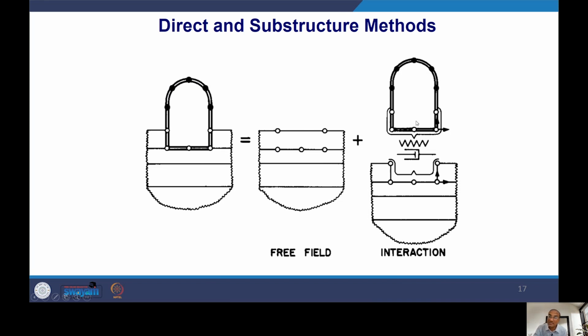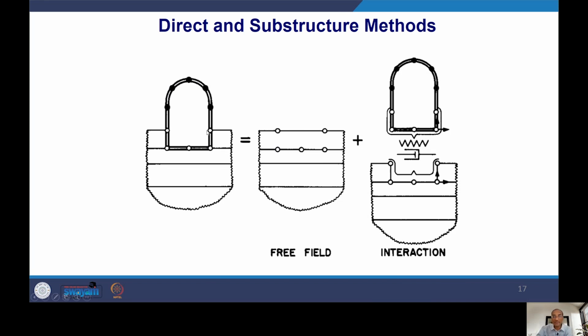So now the structure can be analyzed as before, meaning you can go into as much detailing as was used here, and here spring and dashpot will be representing your missing soil or scattered motion. Okay, so this way, once this modeling is completed, you can find the response as early as possible. Continue with this.